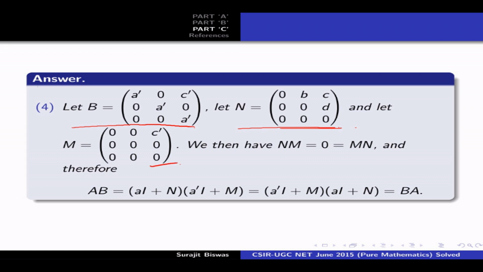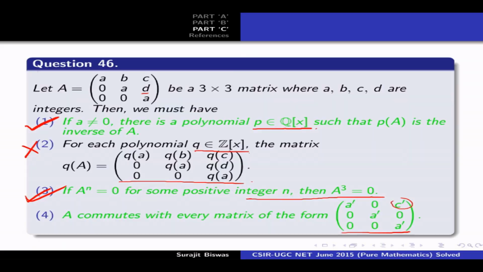Then we have NM equal to 0 equal to MN, and therefore A equal to a times identity plus N. A can be written in this form and B can be written in this form. And now if we separate out by associativity, we will see that these two commute, a dashed I plus M times aI plus N, and therefore this is equal to BA. Okay, so the fourth option is also correct.